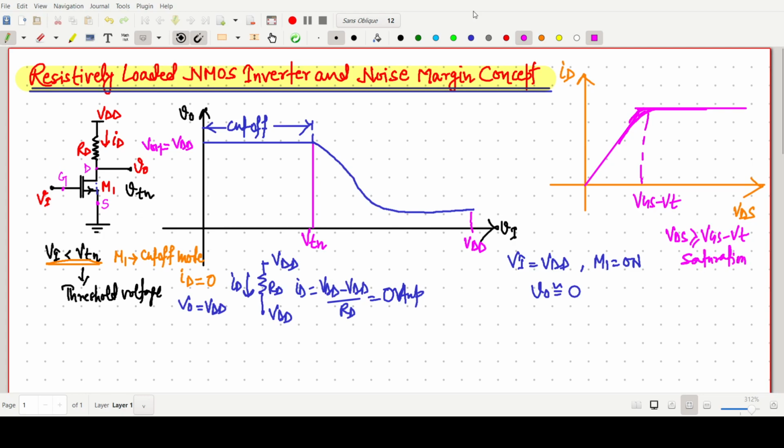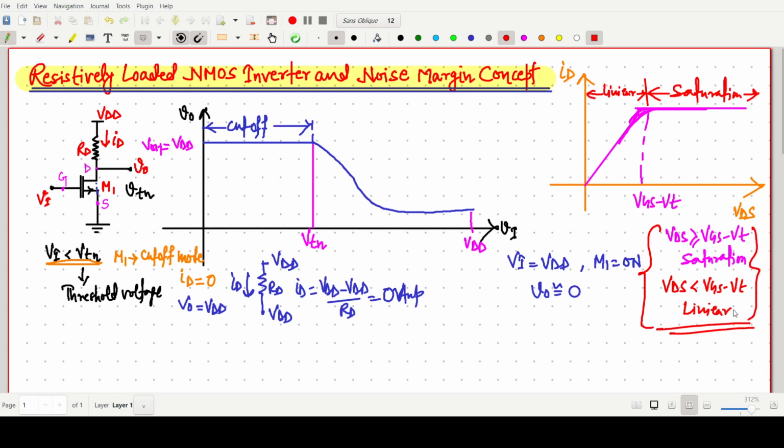This one is a fundamental concept. This one is in the saturation region, and this one is in the linear region. For the linear region, VDS will be less than VGS minus VT. This one is very important. Everyone has to know.